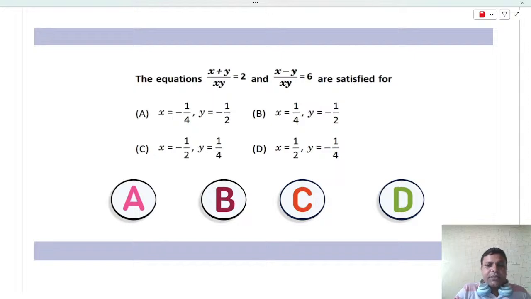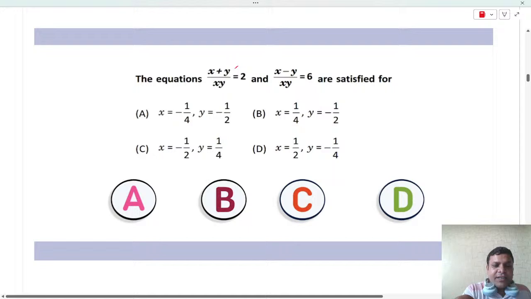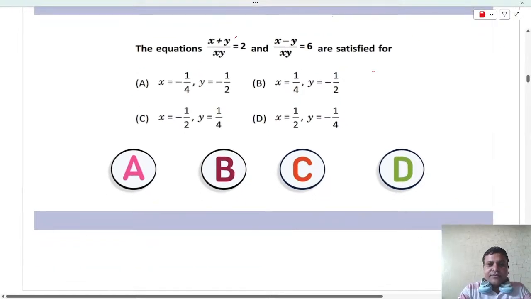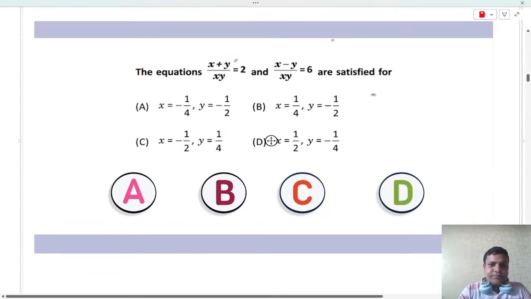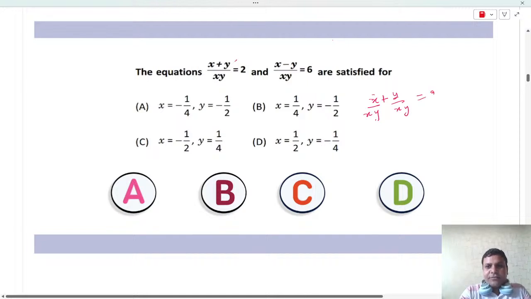So here you can simplify this equation. First equation you can simplify as x upon xy plus y upon xy is equal to 2.